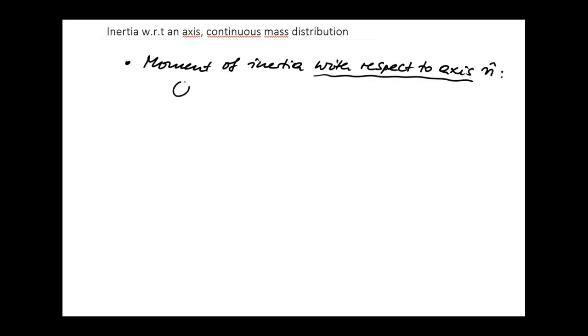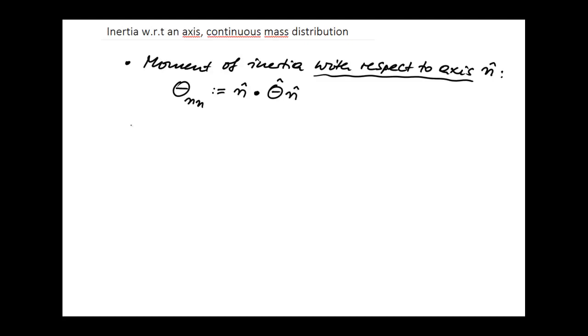When one talks about the moment of inertia with respect to a particular axis, and let me denote this axis by a unit vector n, then what is meant is the component of the moment of inertia with respect to this axis. So it's the scalar product of the unit vector n with the moment of inertia, in the sense of a linear operator, acting on that unit vector n.